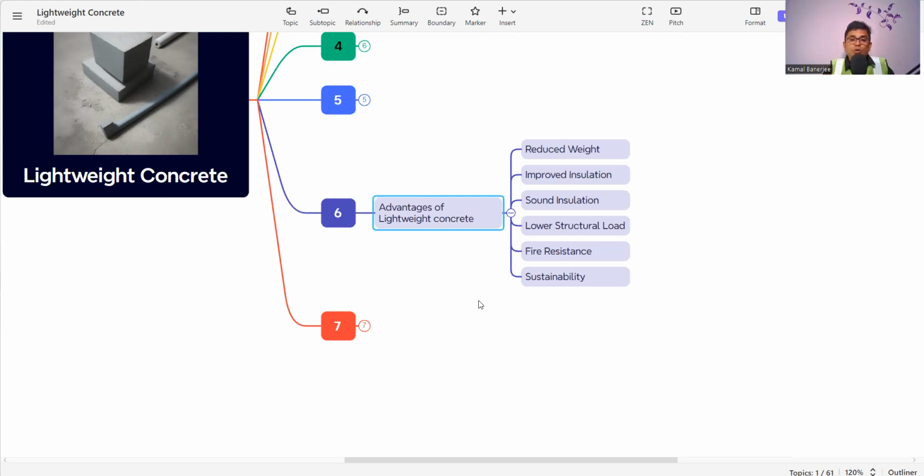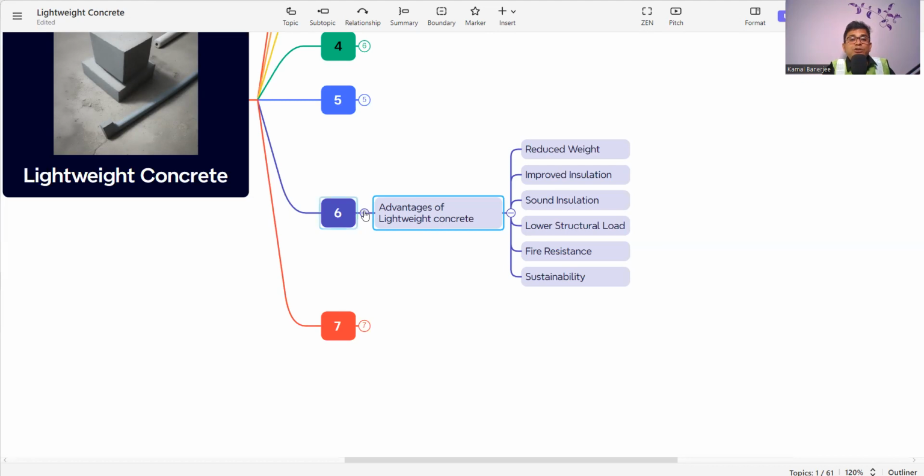Then lower structural load. Then fire resistance and sustainability. So it has a wide range of advantages. It is widely used in constructions, and again the modification and enhancement is also there. So we will find more durable and stronger concrete in the future.